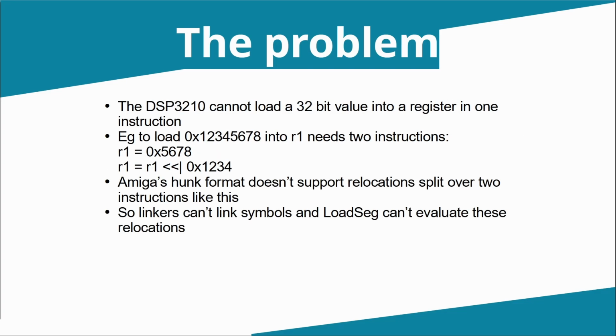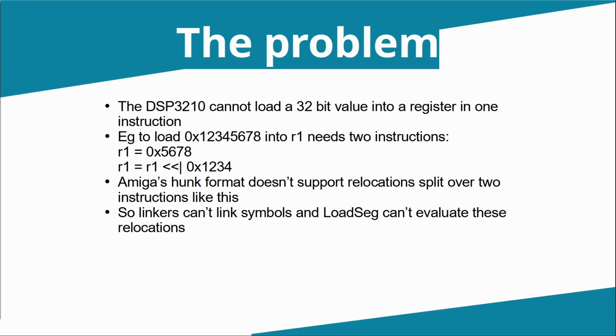Well, the issue is this, that the DSP3210 cannot load a full 32-bit value into an R register, an integer register, in one instruction. So here's an example. If you want to load that hex value 12345678 into register R1, you've actually got to do it in two 16-bit parts, and it takes 2 instructions to do it, as you can see in the following line.